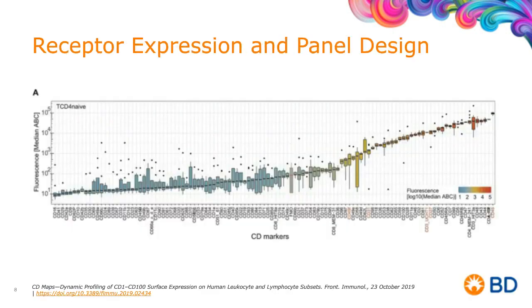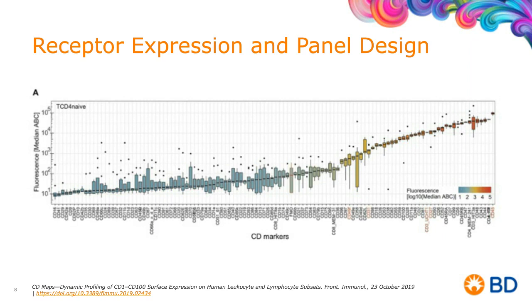Another great source of information on receptor expression is some recent work done by Pablo Engel's team, for which they looked at CD maps. And their first paper addressed CD1 through CD100 for human. But not just in blood, as we did in BD with the big databases we have, but they did it for thymus and they did it for tonsil too.